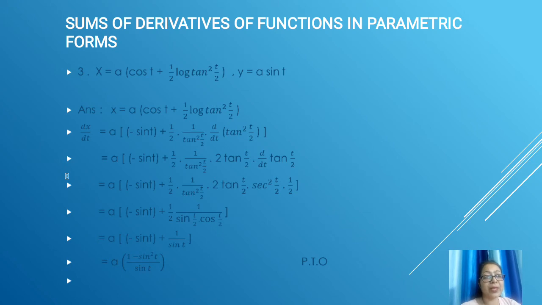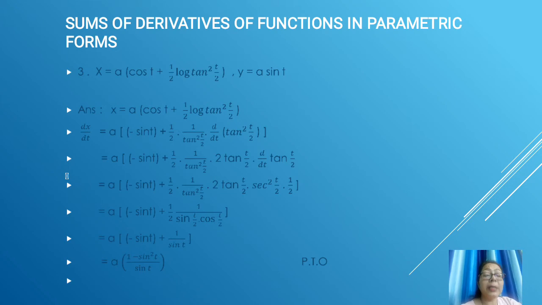Next, sum number 3 with the same parametric form: x is equal to a (cos t plus half log tan square t by 2). Since it is a function of t, we are finding the derivative of x with respect to t, that is dx/dt. On the right hand side, a is outside, and the derivative of cos t is minus sin t, half outside, into log of something; the derivative of log x is 1 by x, that means 1 by tan square t by 2.